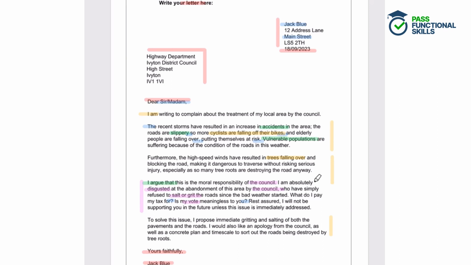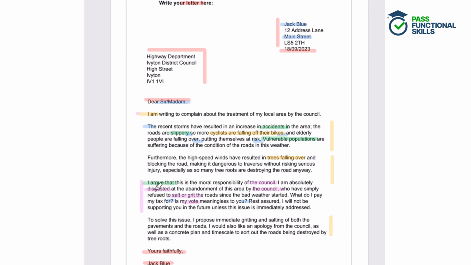Paragraphs in the answer are also in a really logical order that make the entire answer cohesive. So we have an introduction explaining what the letter is going to be about, and then we have a description of the issues and the effects that these are creating.